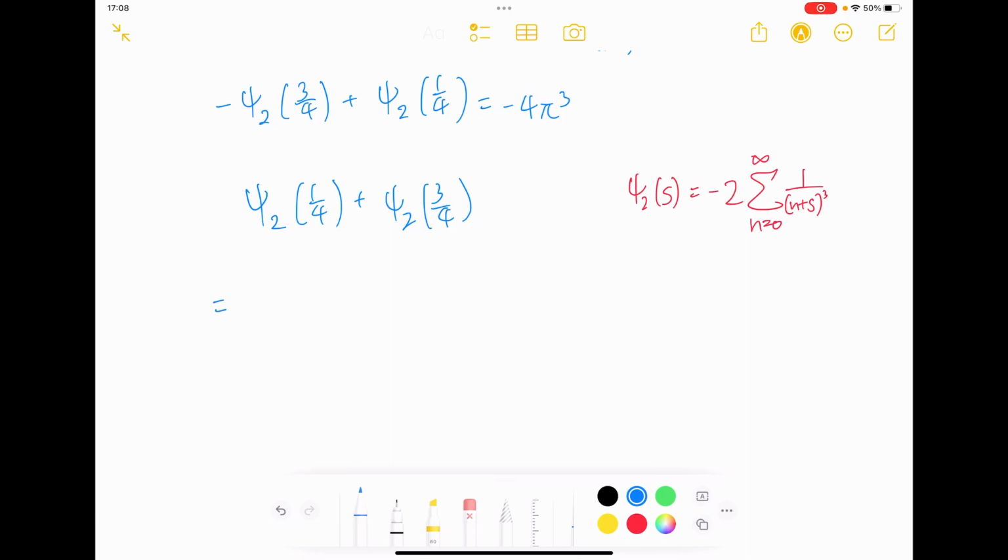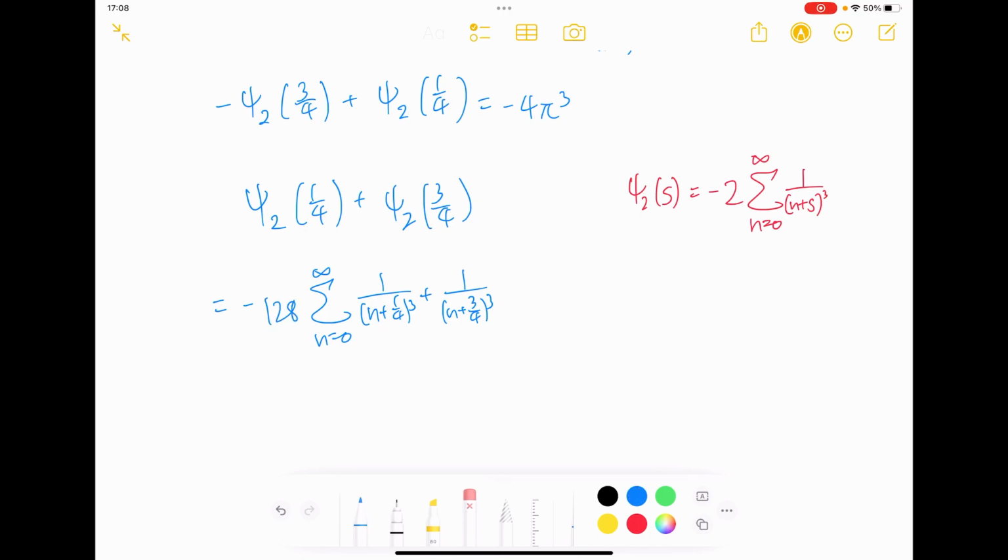And let's bring the minus 2 out front as well. So the sum from n equals 0 to infinity of 1 over (n plus a quarter) cubed plus (n plus 3/4) cubed. And we can multiply the sum, again, by 64 this time, because 4 cubed is 64, to get rid of the denominator fraction.